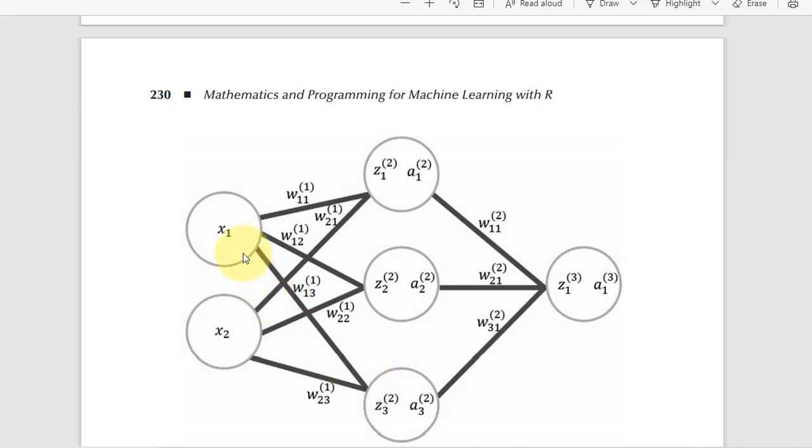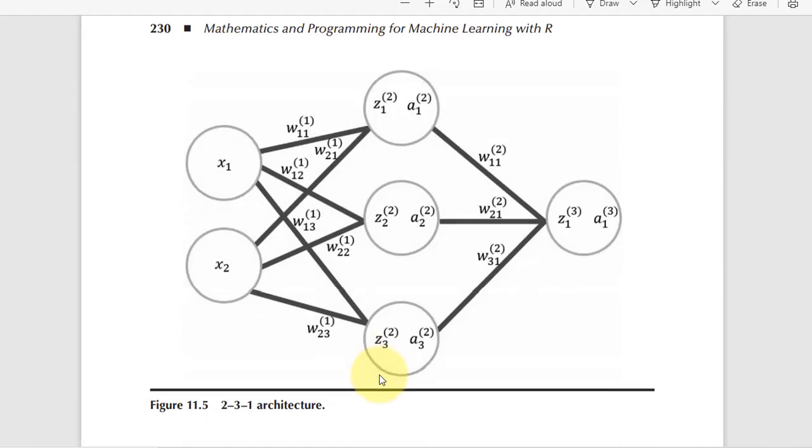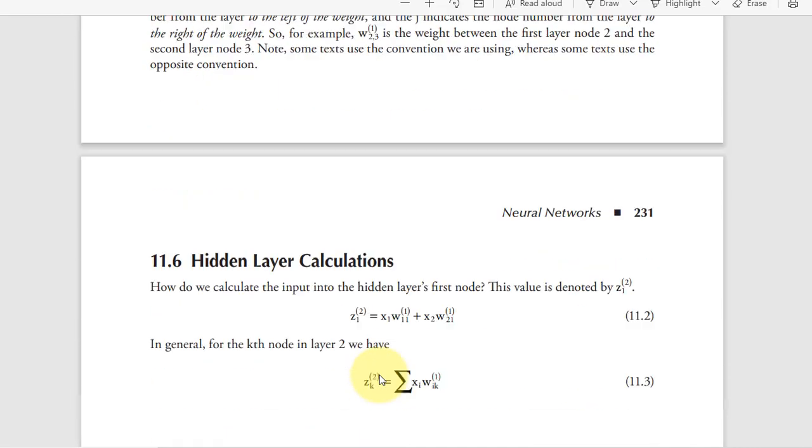So we want this to be either a 2 by 1 or a 1 by 2, I'm not sure yet. And we want this to be probably either a 2 by 3 or a 3 by 2, not sure yet. And we want the output to either be a 3 by 1, the Z's, we're only concerned with the Z's, or a 1 by 3. So let's see what we have here.